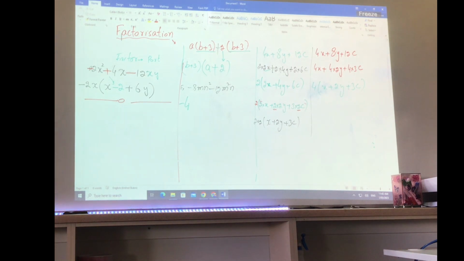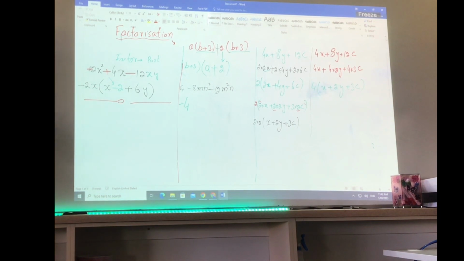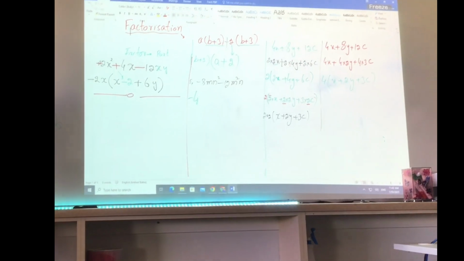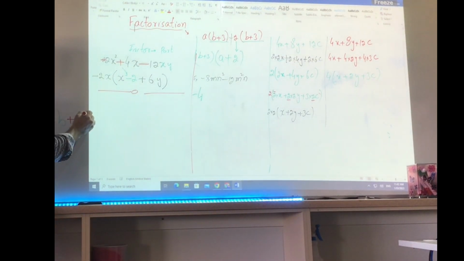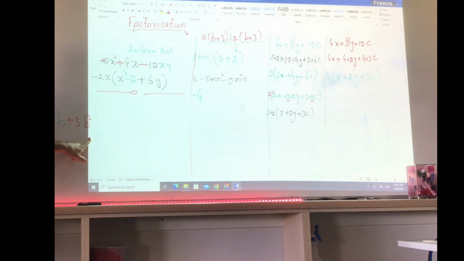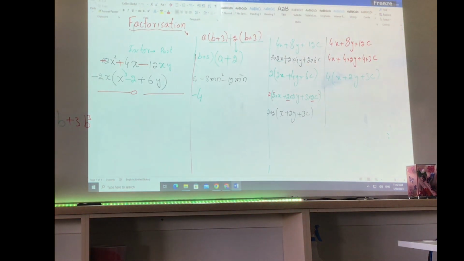So each factor has 1 B. It's not 2 B common. 1 B is common because each factor has 1 B. Don't think that when you add these two, if I have another one, 3 B cubed, still each has 1 B common, not 3. That B is here, that B is here, and the same B is here.